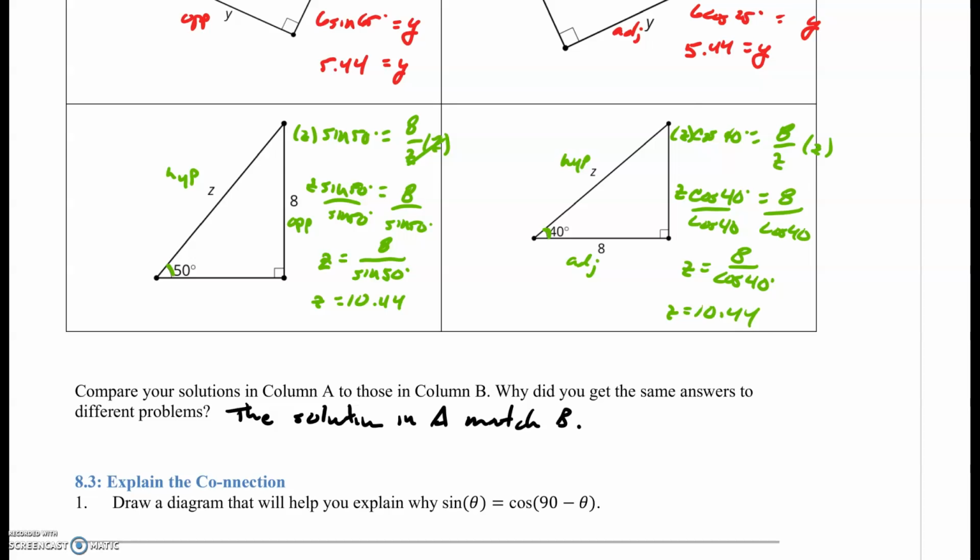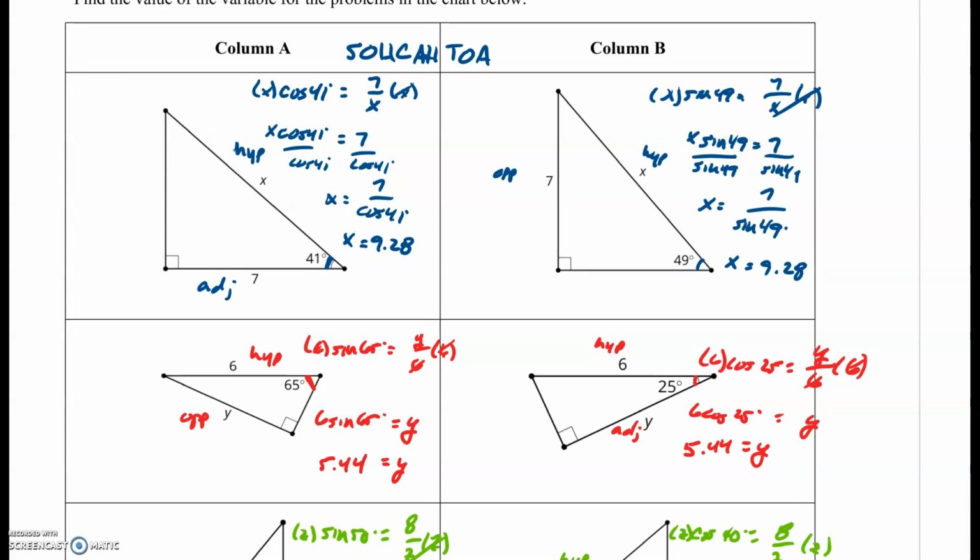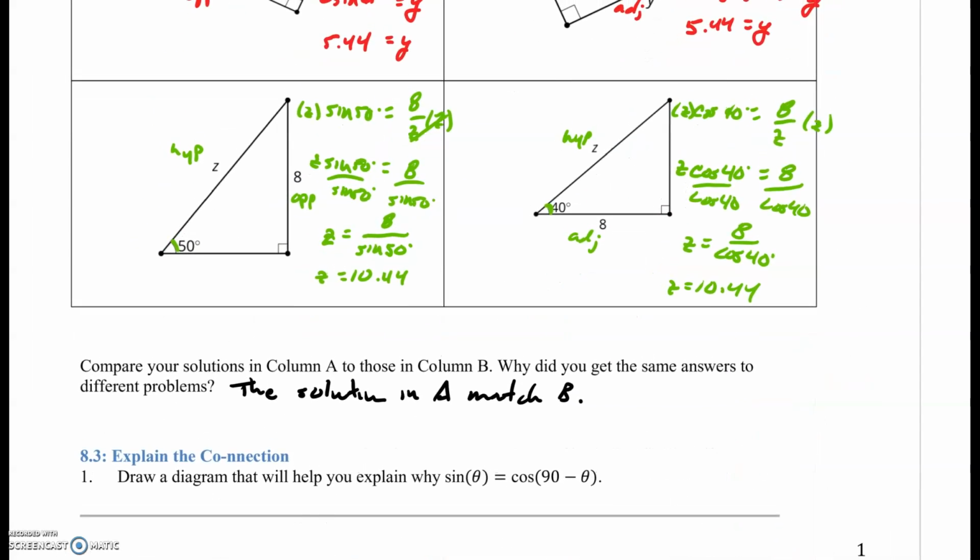If we look at each of these triangles, I would like you to notice that the triangles are congruent. They're the same triangles. We just have different acute angles marked.